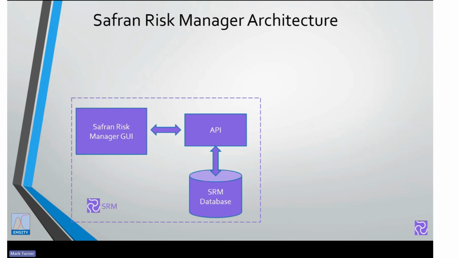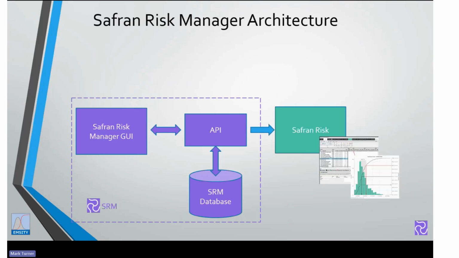Now, the beautiful thing about having this particular architecture is it means we can talk to other tools. That includes Safran Risk. So the data which the risk owners are putting into the database can then be extracted and used for building more comprehensive models for the analysis of cost, schedule, and joint confidence levels on cost schedule analysis.